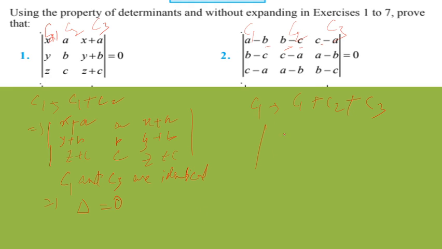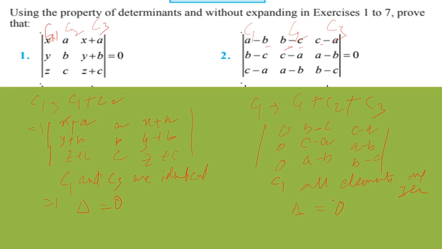So you will get the first element 0, similarly second element, third element 0, and the remaining will be as it is, b minus c, c minus a, and a minus b. See, in column 1, all elements are zeros.